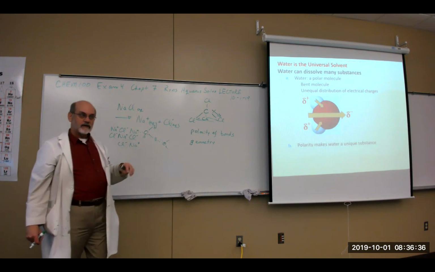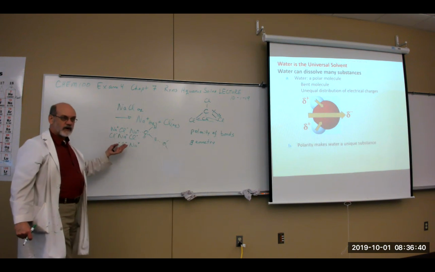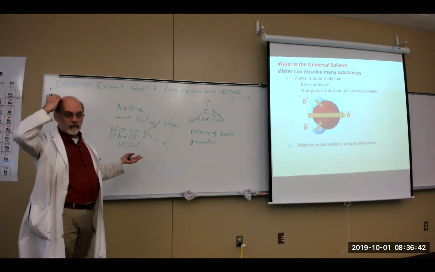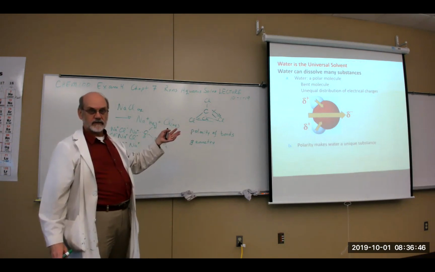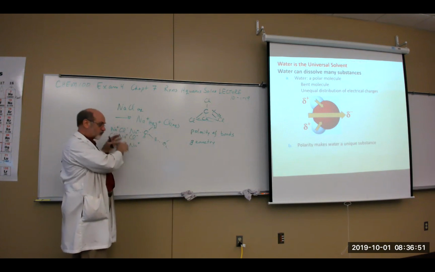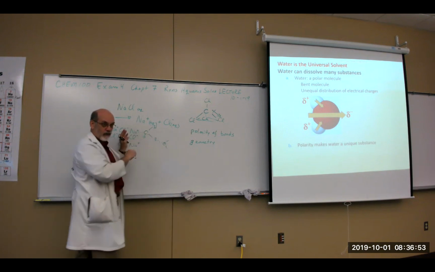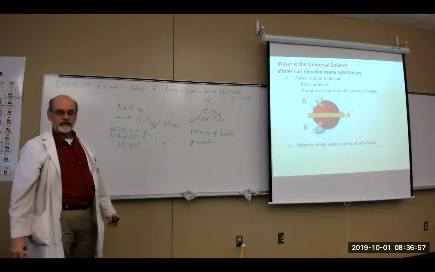Now, some ionic compounds resist that so much that they remain solid even in water. So that's where we get that concept of precipitation. If the strength of the bonds holding the crystal together are stronger than the forces trying to pull them apart, then they'll remain solid and just fall out of solution.